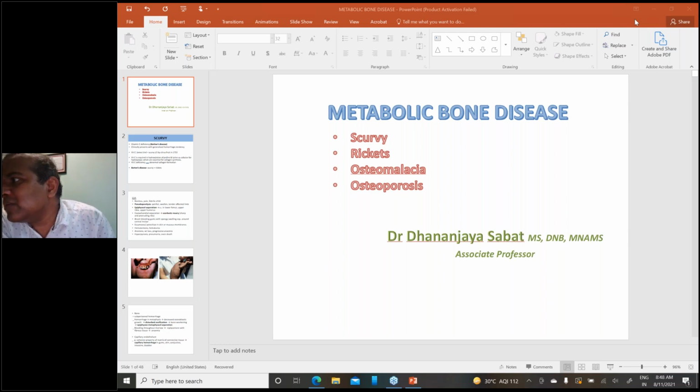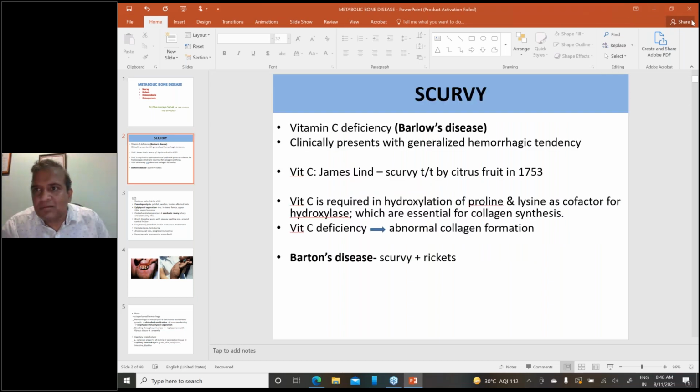Why is ALP low in osteomalacia? It is not low in osteomalacia, it is low in osteoporosis. Did I say it like that? Let me check.